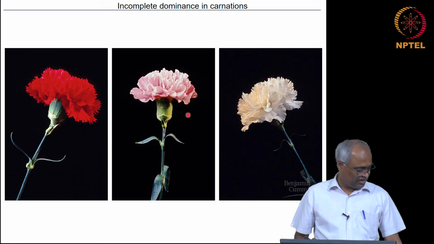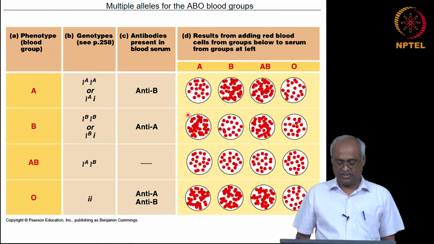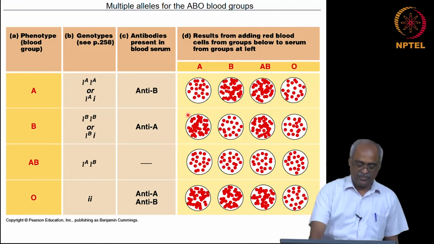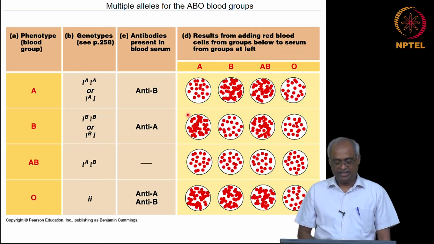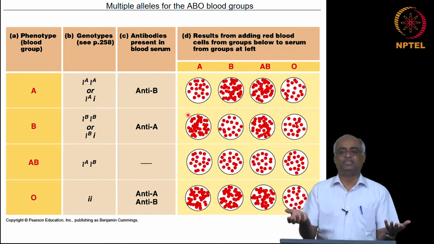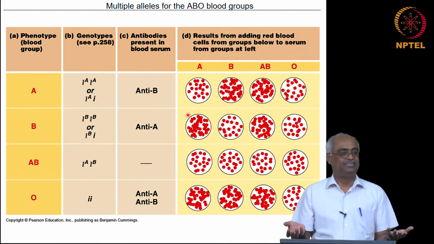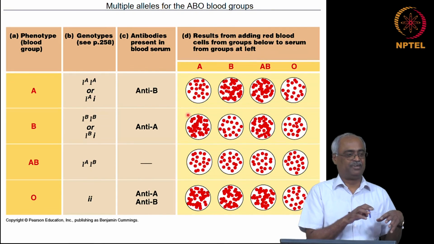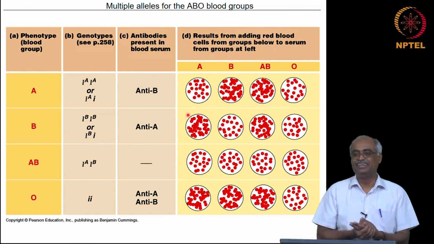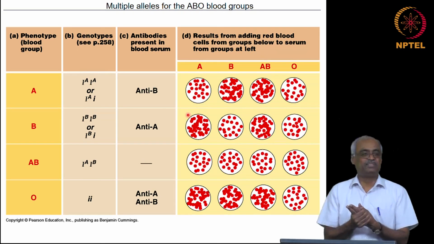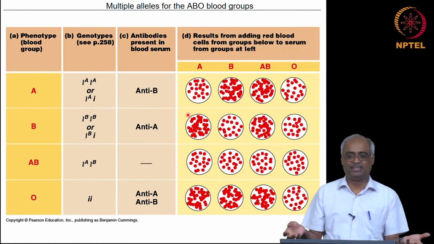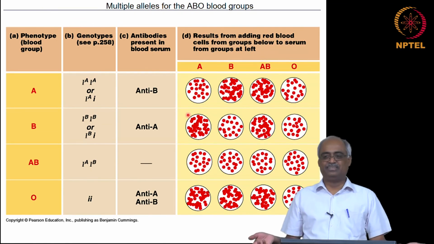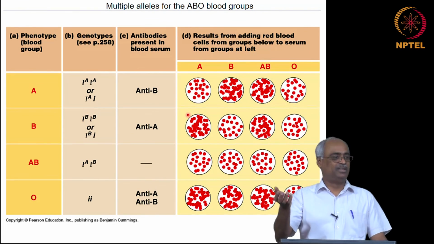Then this is another example having a very similar thing, and then there is an opposite situation where both the alleles show their presence. You can't understand that looking at flower color. A white flower cannot simultaneously be a red flower, but there are situations, for example, cell surface markers, where you can have two markers at the same time. Let us say there are 100 receptors on the surface of a cell.